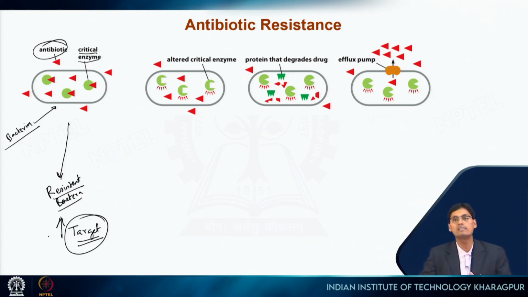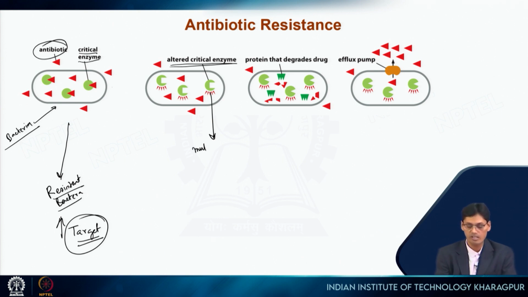And there are many other methods by which they can become antibiotic resistant. For example, they can alter the critical enzyme itself. Because of some mutation, your antibiotic is not acting against the critical enzyme, your target, right?